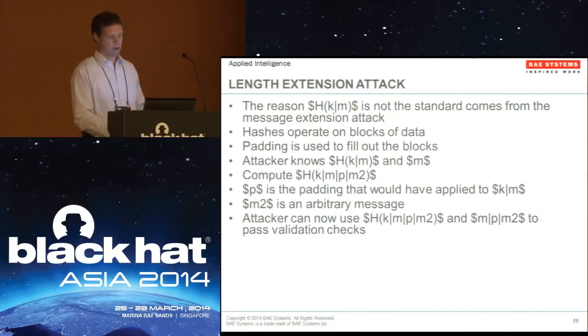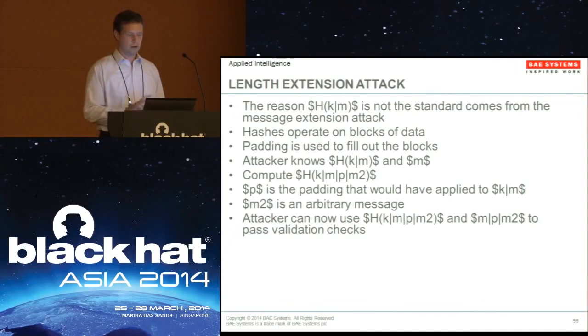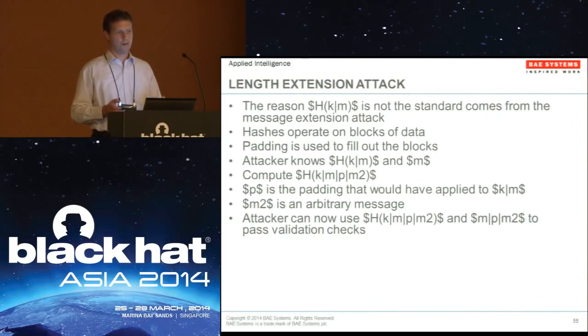What you can do, without knowing the key, which is K in this case, is add padding and then append a different message, which is M2 in this case. Because of the way the block chaining works, you will actually discard the unknown data and override it with your data.